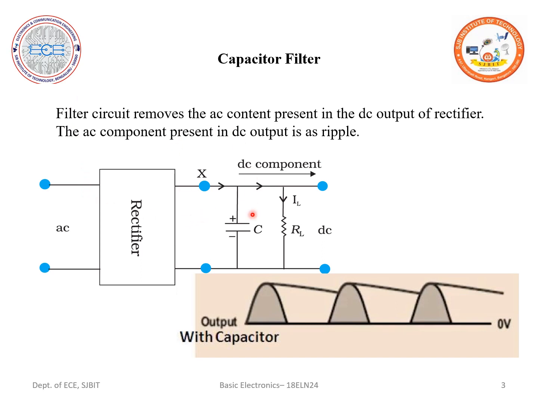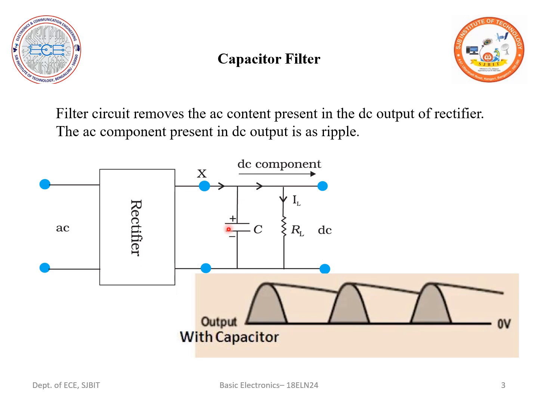So after the rectifier we are going to connect one capacitor, and after that capacitor we are going to tap the output across the load resistor RL. Now whatever pulsating DC is fed as input to the capacitor, across the load resistor we are going to get the pure DC, because of the capacitor filter. So this speaks about the construction of the capacitor filter circuit.